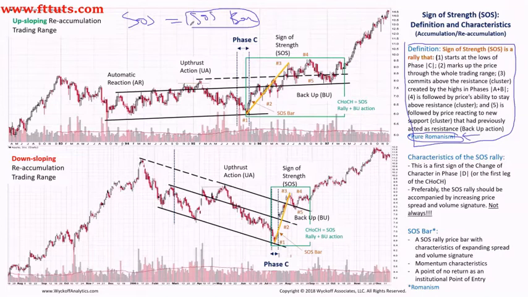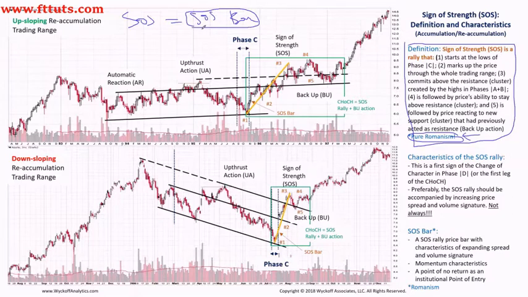And usually when I would ask a student to define a sign of strength, they would usually say, well, it's a bar that has an increasing spread to the upside and increasing volume signature. And that was kind of like a definition for the sign of strength. Well, first of all, that's not necessarily a definition of a sign of strength.